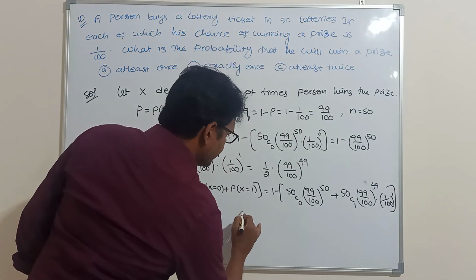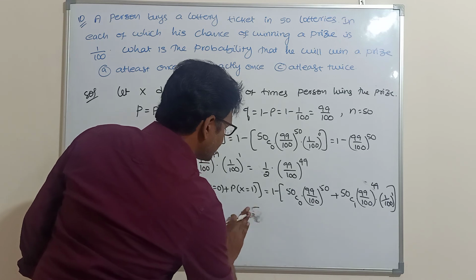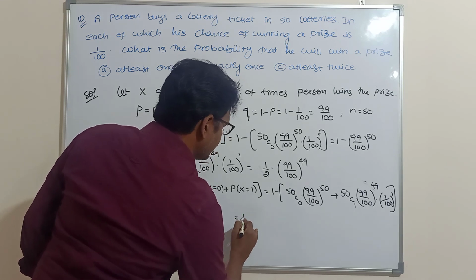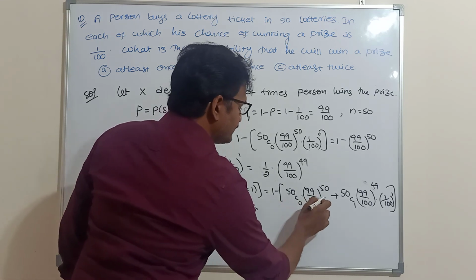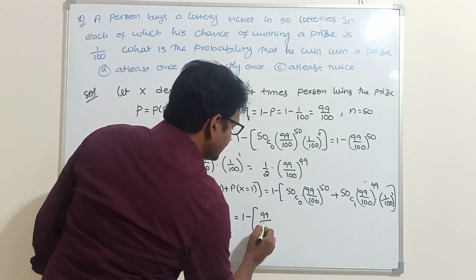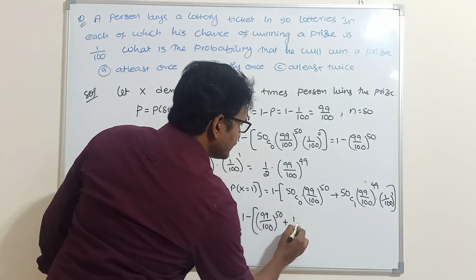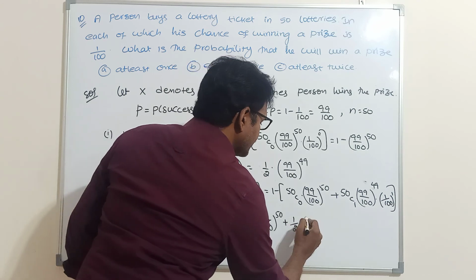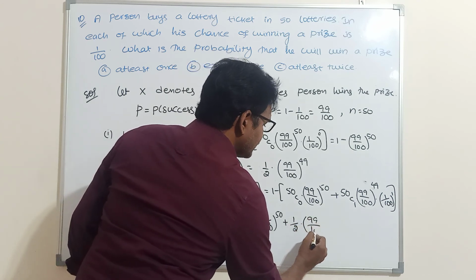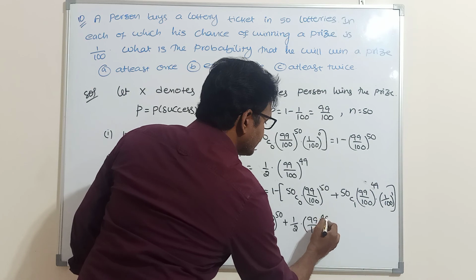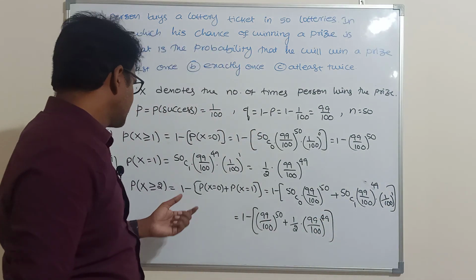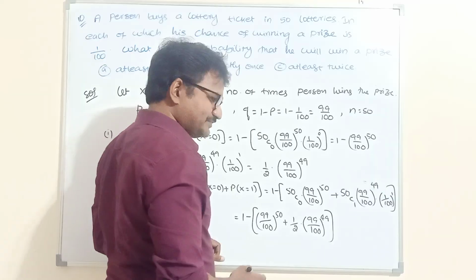So this is 1 minus, 99 by 100 whole power 50 plus 1 by 2 into 99 by 100 whole power 49. This is the answer for the third problem.